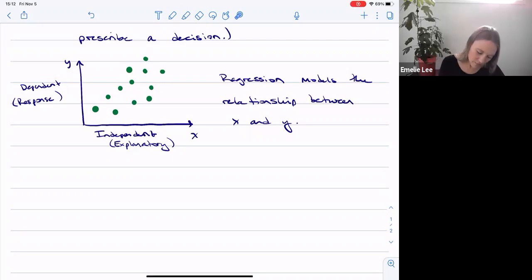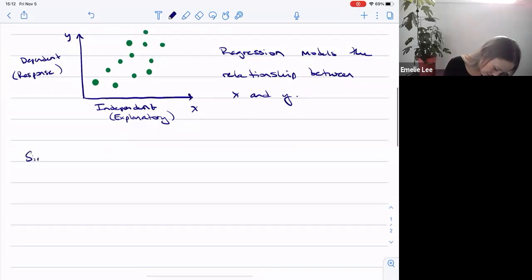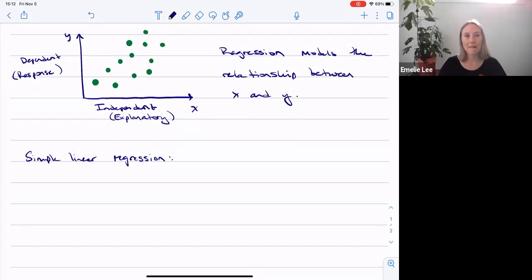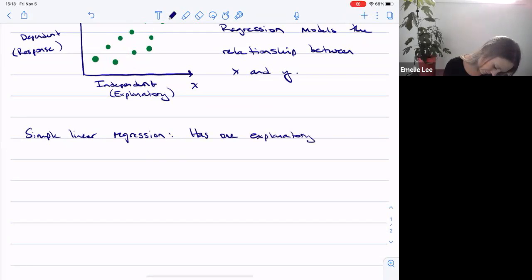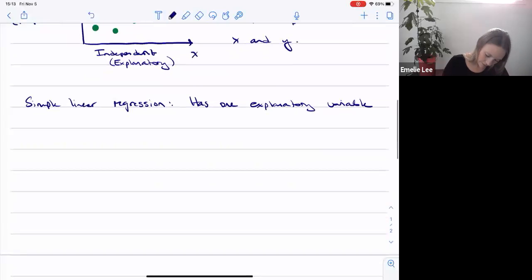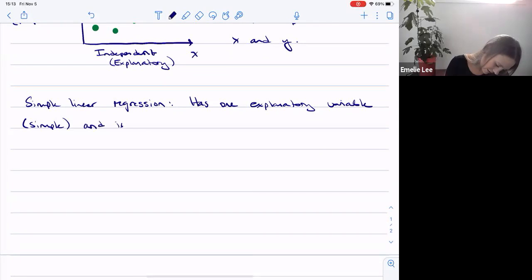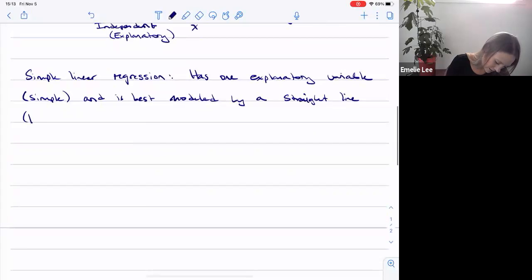And so simple linear regression has one explanatory variable, that's what the simple comes from, and is best modeled by a straight line. That's where the linear comes from.